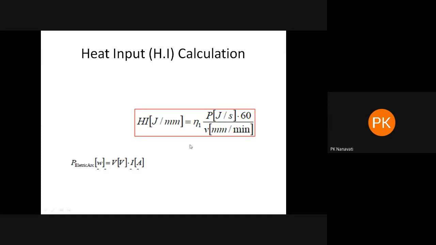This heat input is a ratio of the power divided by the welding travel speed, in mm per minute, and your power is a product of your voltage and amperage, right? And you have a coefficient, that is efficiency, eta, and the eta will depend on the various welding processes. So the heat input has unit joule per mm, or you can say kilojoule per mm.